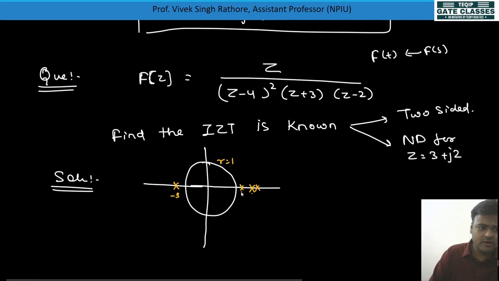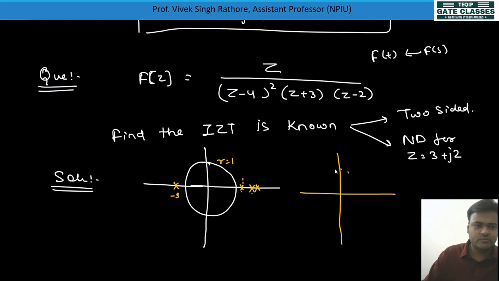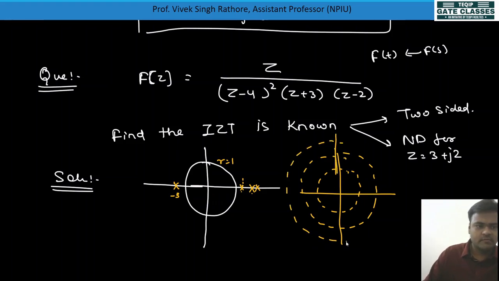We'll plot z is equal to 2, z is equal to 3 circle, and z is equal to 4 also.